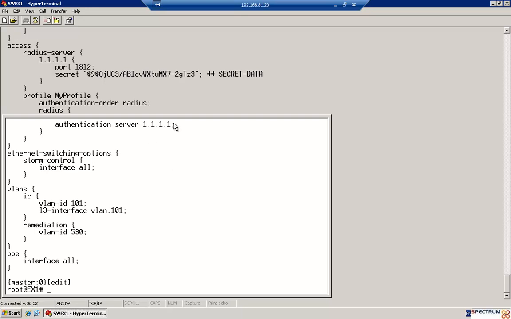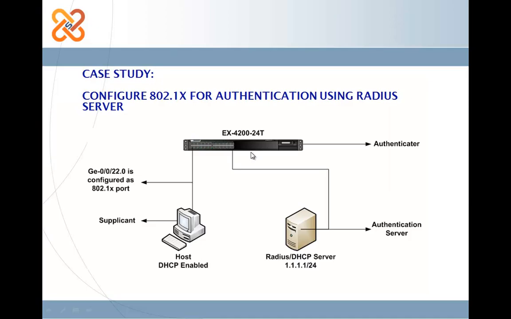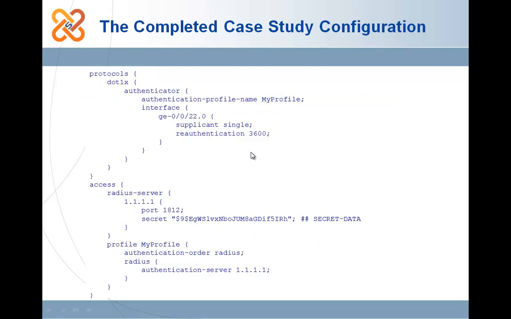The final configuration for your case study will look something like this. Under protocols you have specified dot1x, then the authenticator, the name of the profile, then the name of the interface on which you want to enable 802.1x, then the mode of your supplicant as single, then the re-authentication timeout value as 3600 seconds.